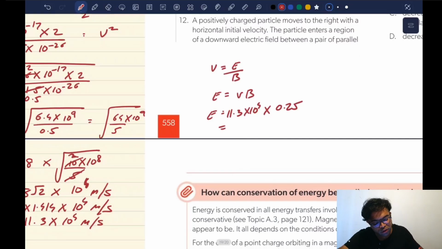See, I can write 0.25 as 1 by 4. If I round 11.3 to 12, I should get somewhere around 3 into 10 to the power 4 volt per meter. Is it somewhere close?